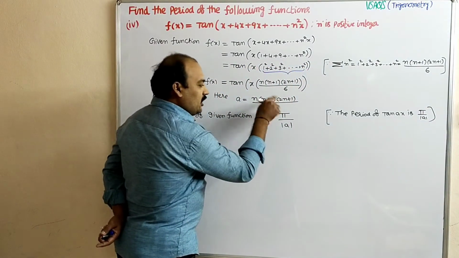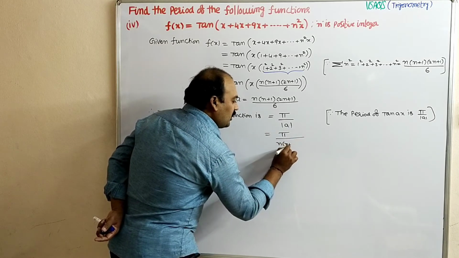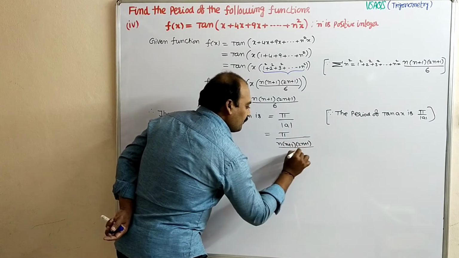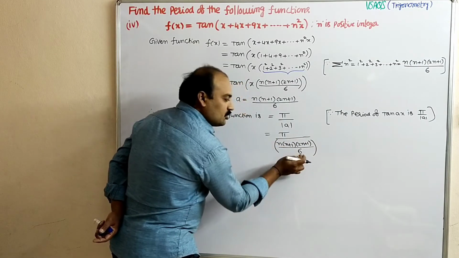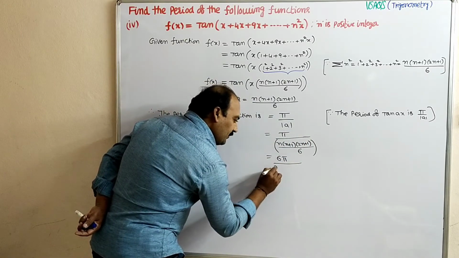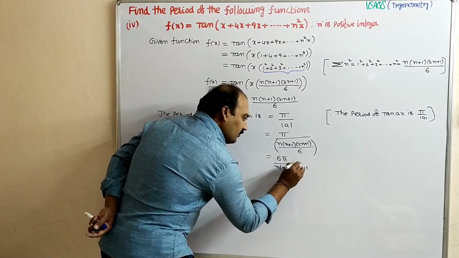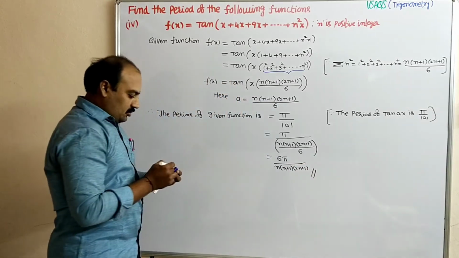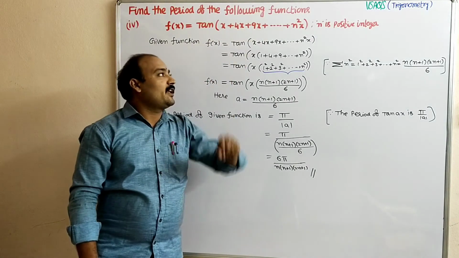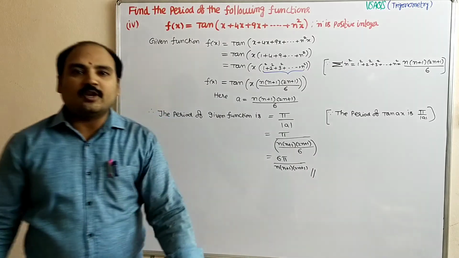So in place of a, this value you can replace: pi divided by n into n plus 1 into 2n plus 1 divided by 6. So denominator of denominator becomes numerator: 6 pi divided by n into n plus 1 into 2n plus 1, which is the period of the given function tan of x plus 4x plus 9x plus and so on plus n square x. We'll move to the next question.